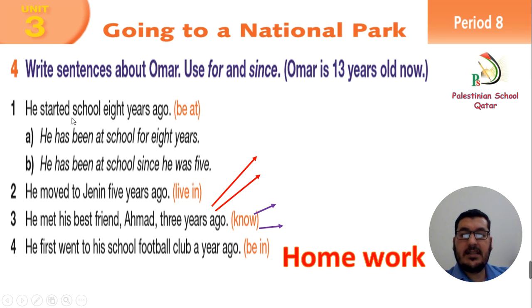So I can say number 1, A, he has been at school for 8 years because he's 13, and before 8 years he started school. B, he has been at school since he was 5 because before 8 years and he's 13 now, he has been at school since he was 5.